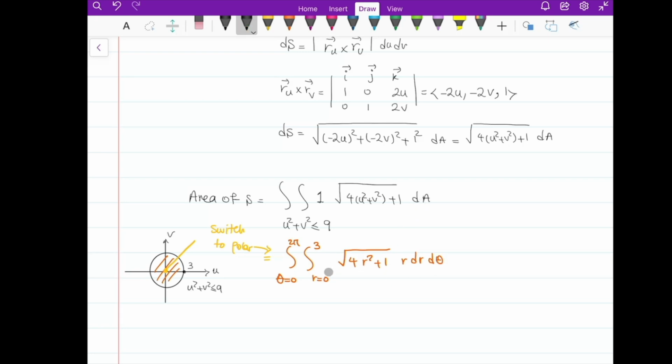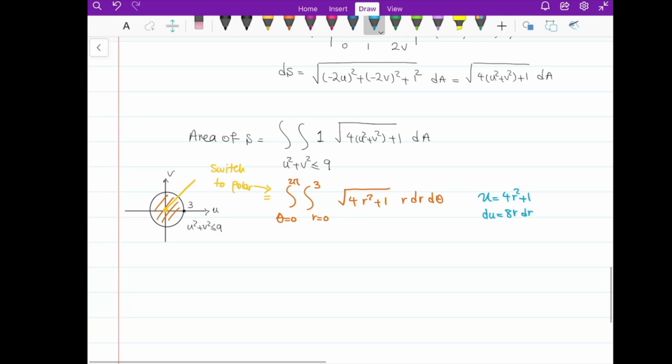Okay, I need to calculate that. I'm going to use u substitution. I'm going to take u as whatever I have inside the square root, and then du would be 8r dr. So this integral that I have in here would be the square root of u, and then du divided by 8. Okay.